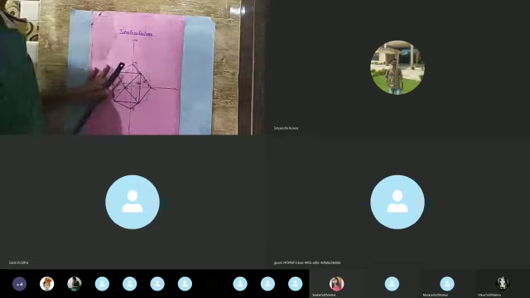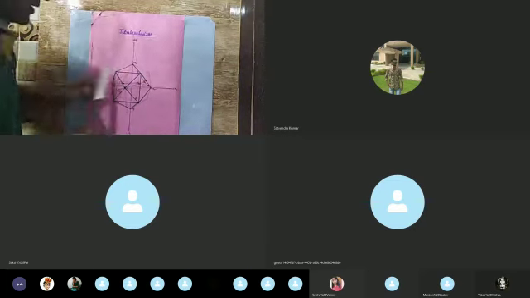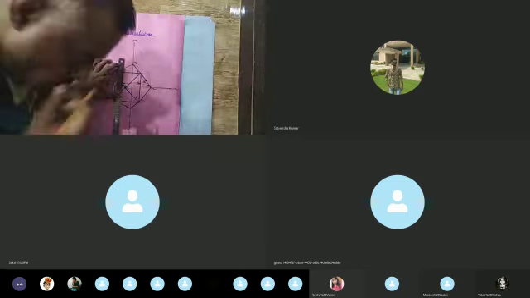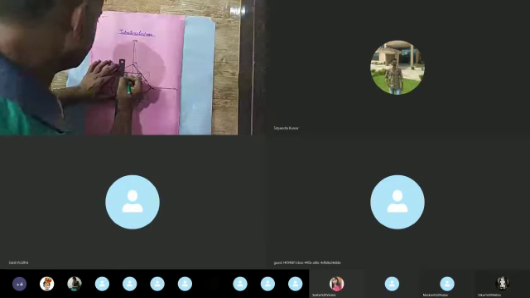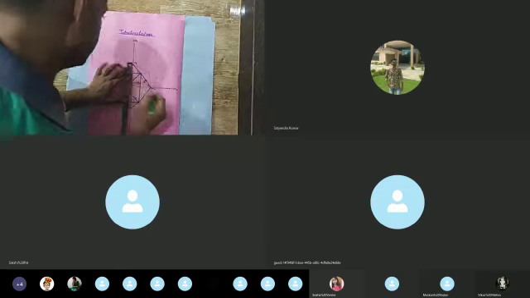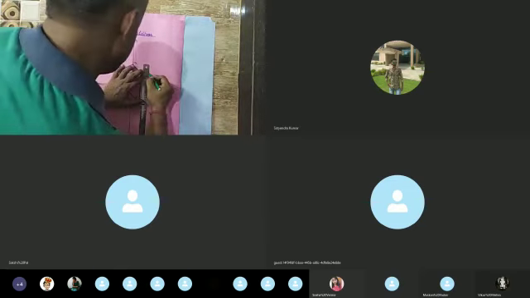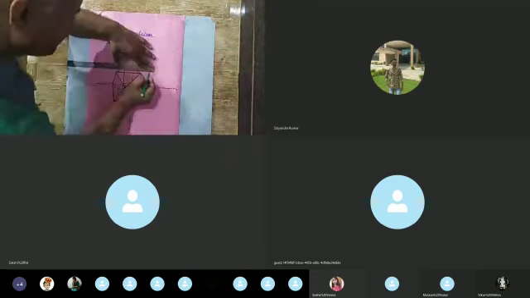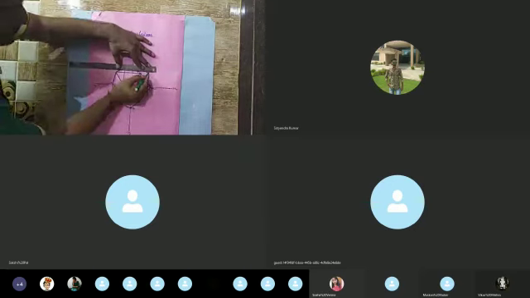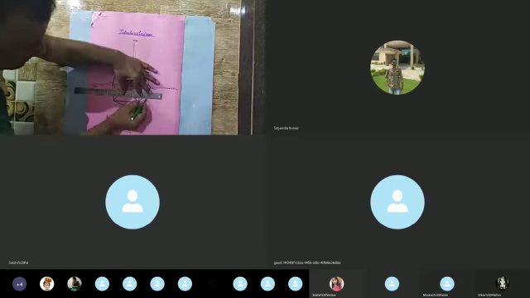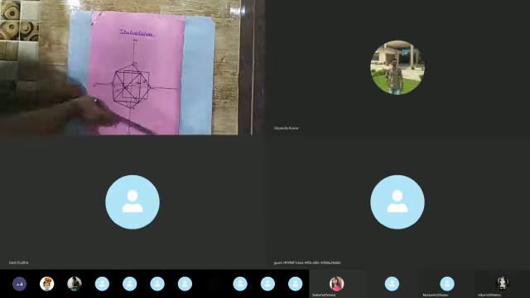So these are 4 intersection points. On these points, make another square. So these are vertical lines 1, 2, 3, and 4. So this is the second square.